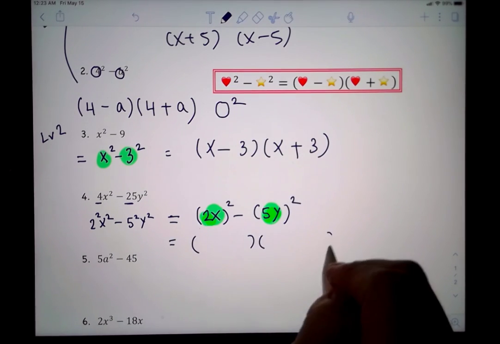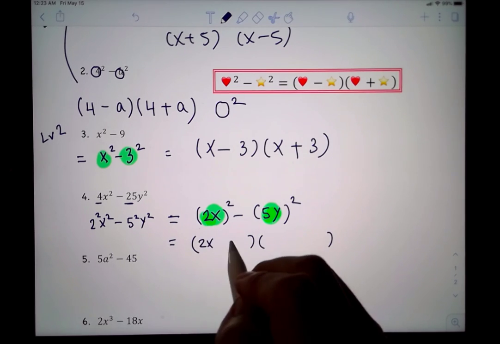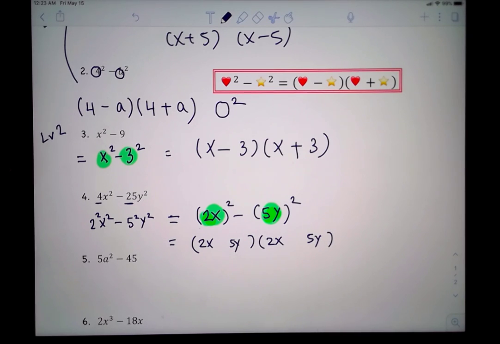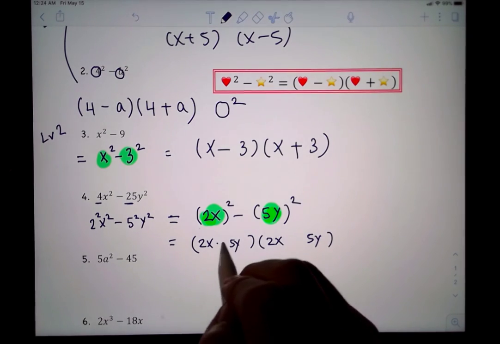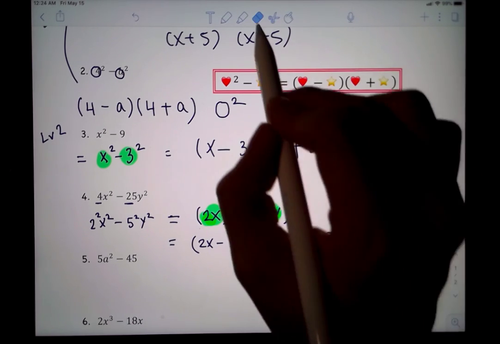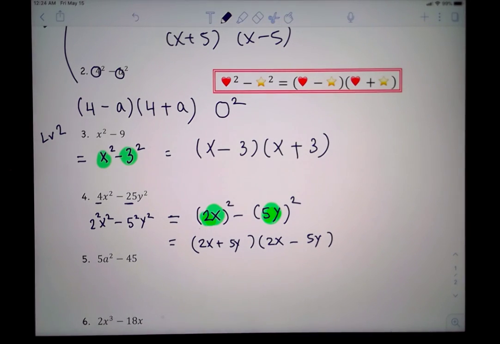I need 2 parentheses, and then write 2x 5y, 2x 5y. And then 1 for minus, 1 for plus. Like this. I told you that you can do plus minus, doesn't matter. That's totally fine. Okay?